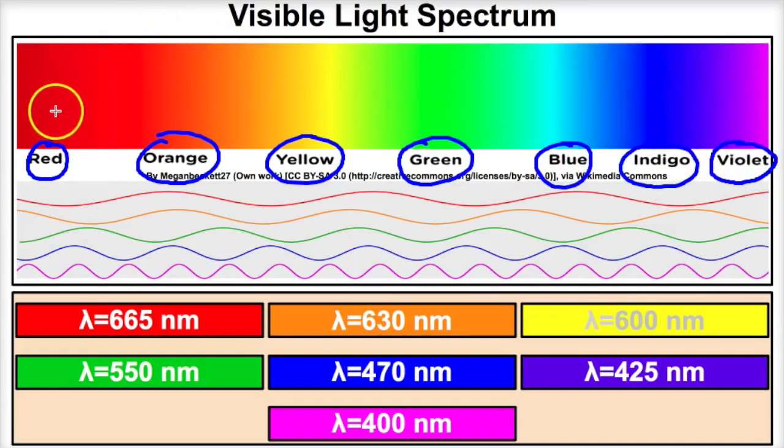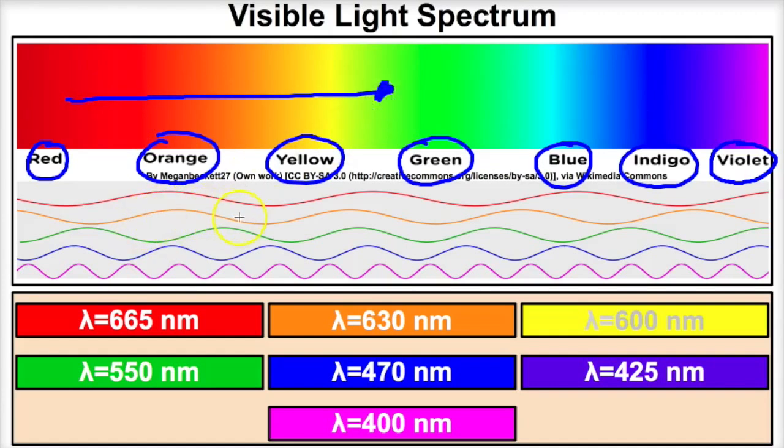And if we start taking a look at red, what we'll notice is that red has very long wavelengths. It has very, very low frequency and very low energy photons. And as you move this way on our visible light spectrum, what we'll notice is that the wavelengths are going to get smaller.